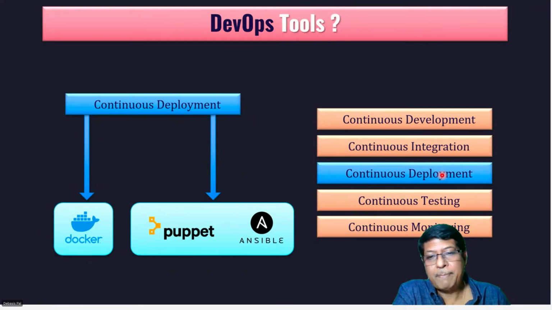Puppet, we are not learning because Puppet is popular, but Ansible is the most popular. If you learn one tool, you do not need to learn the other. Of course, if your organization is using Puppet instead of Ansible, you will not even take 7 days to pick it up because the technology remains the same.